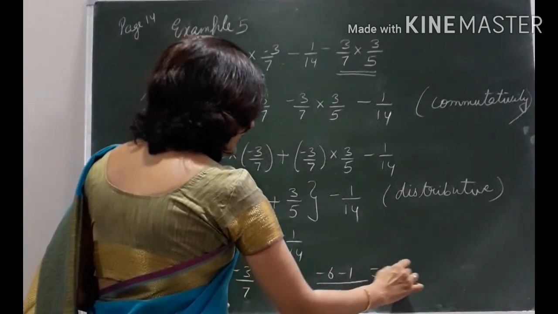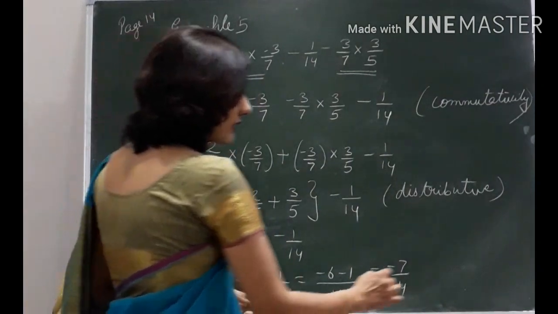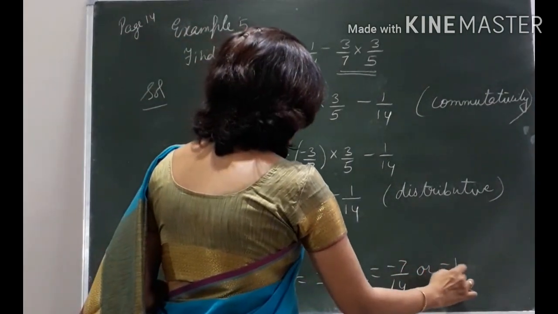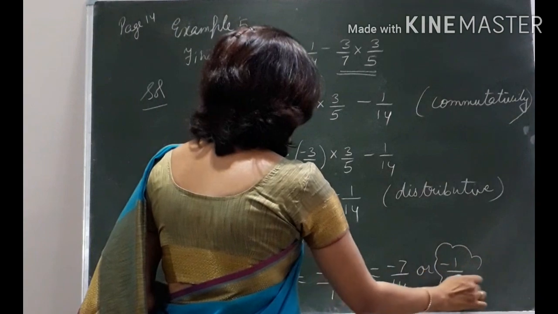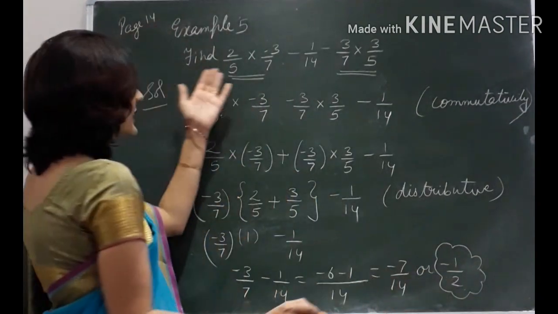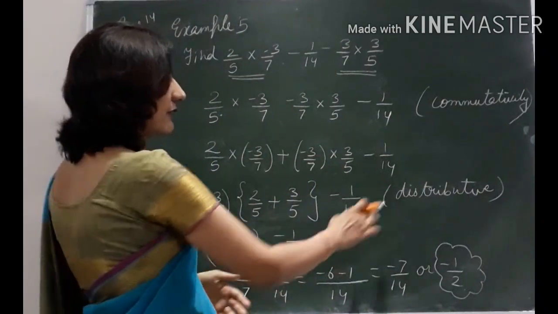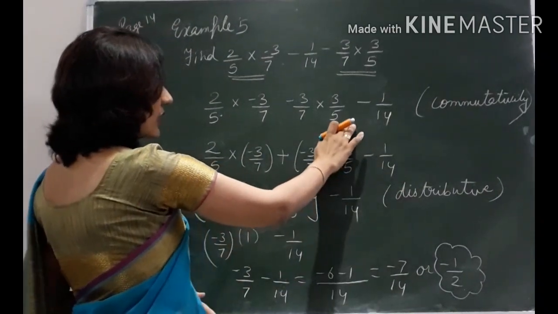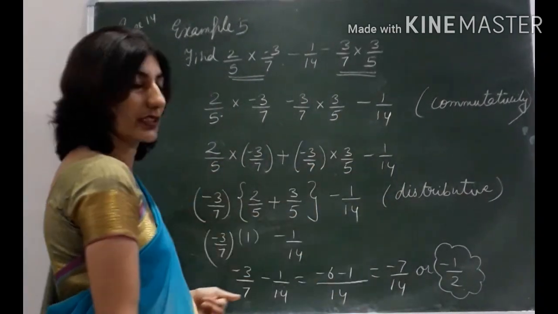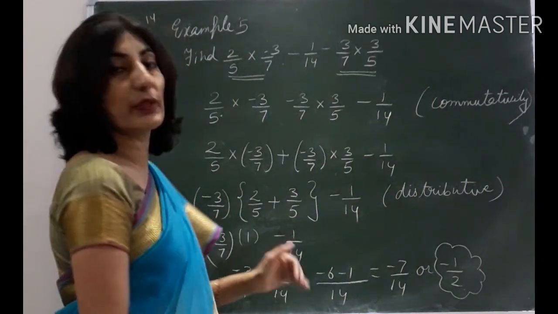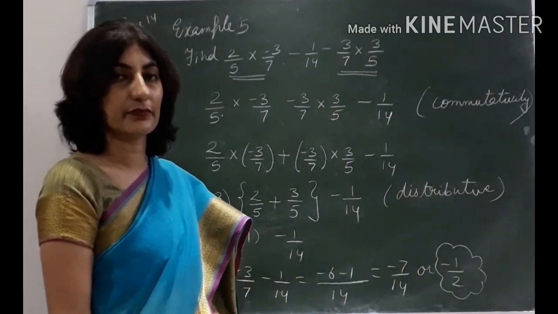It will come minus 7 by 14. When you cancel, it will be minus 1 by 2. So in this question, it was just given find. Now the properties which I have used, I have to write here. First I have used commutative property, then I have used distributive property just to make my calculation easy.